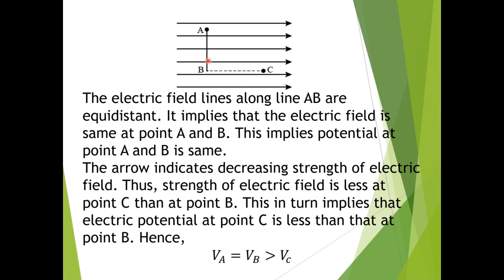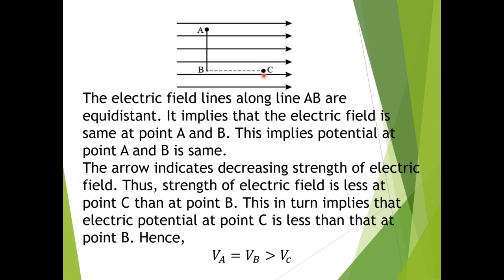So if you have equidistant electric field lines, it will imply that the electric field is the same at those 2 points. Now the convention in which we draw these electric field lines is the arrow indicates the decreasing strength of the electric field. So you can see that the strength of the electric field is decreasing as we move from point B to point C.